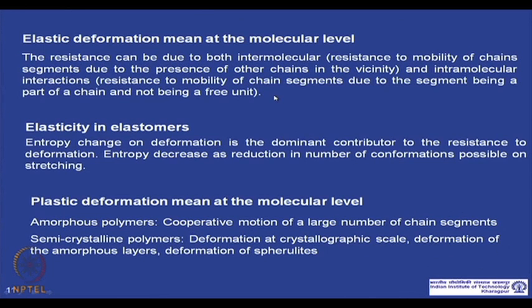What happens at the molecular level during elastic deformation? The resistance to deformation can happen both intermolecularly, where the polymer chains are entangled with each other, so the resistance to deform may arise because of the presence of other polymer chain segments in the near vicinity, or it could be intramolecular, because polymer chains are entangled.